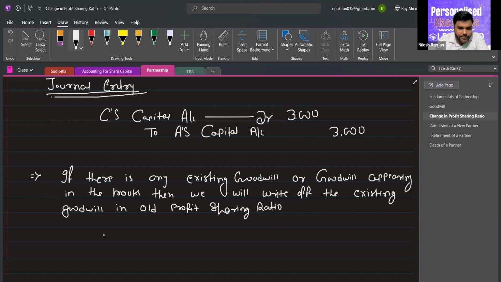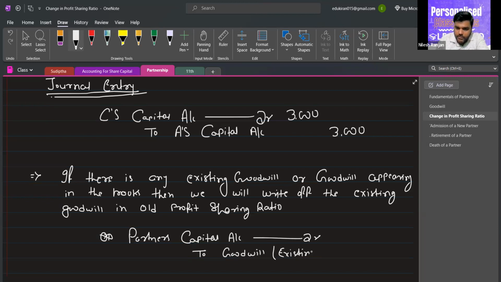The journal entry will be: partners' capital account debit to goodwill account. Existing, I have written only to remember this. Okay, so you don't have to write it while solving the question. Partners' capital account debit to goodwill account, and this will be written off in the old ratio.